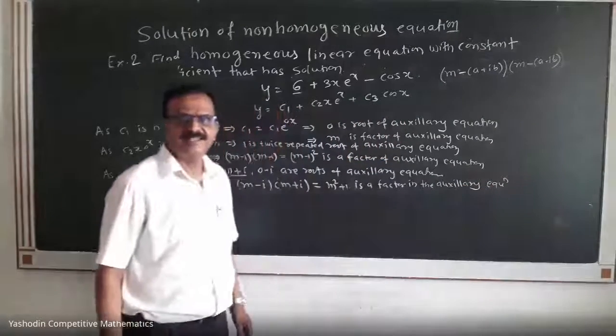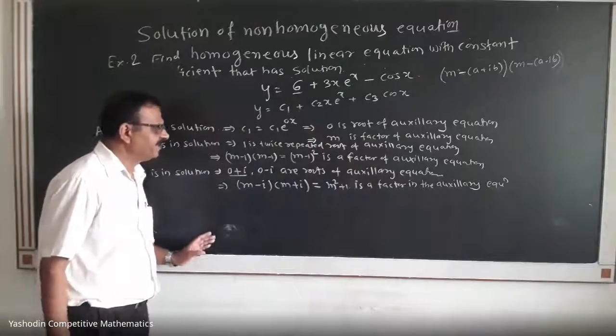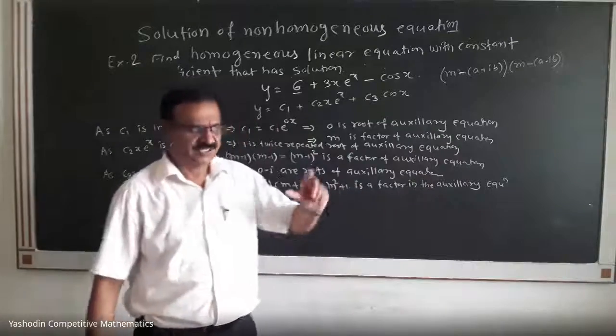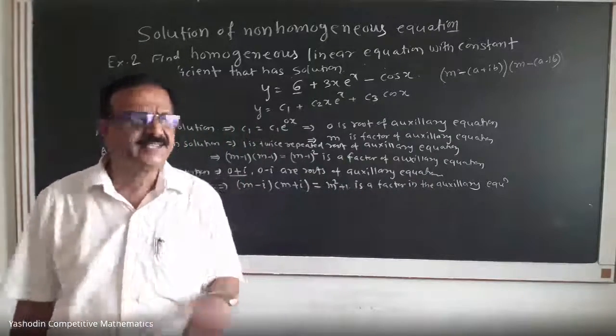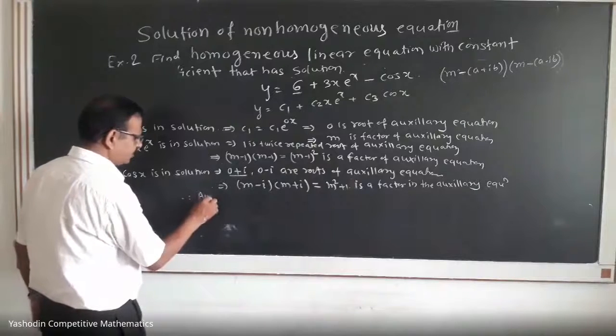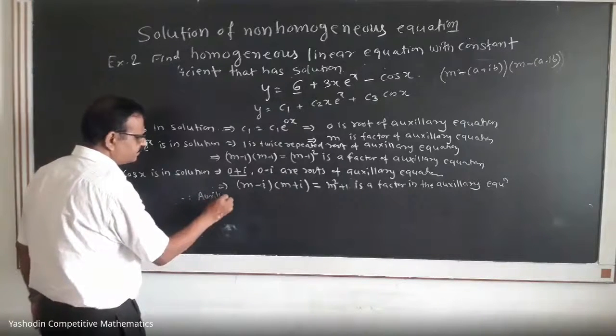This is a factor in the auxiliary equation. Now, all the three terms are finished. We got three factors from three terms. Therefore, the auxiliary equation is the product of all these factors.